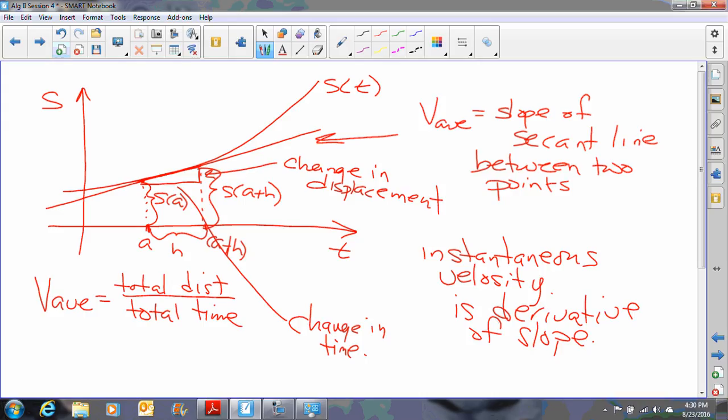Now, because of the definition of the derivative, we can find the derived function for some functions, and we're going to spend a lot of time learning more about how to find the derivative for different functions.